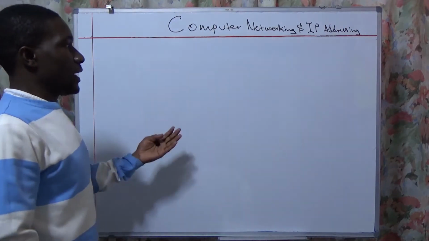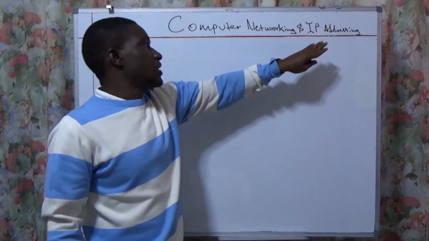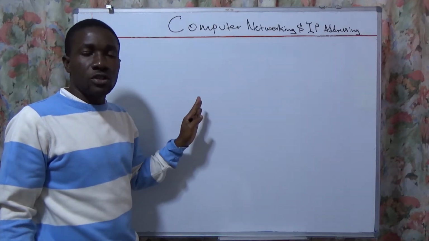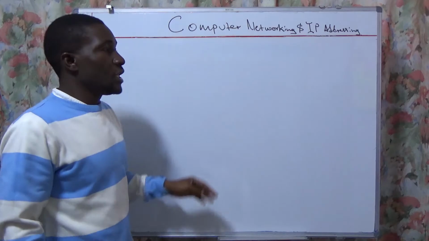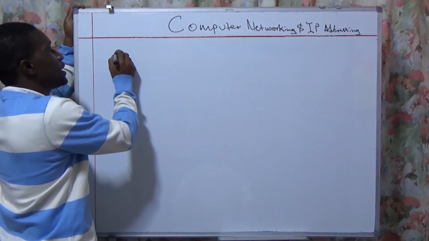Now, like I said, before we go to IP addressing, we shall first understand some networking protocols and the OSI model. The OSI model is the Open System for Interconnection.